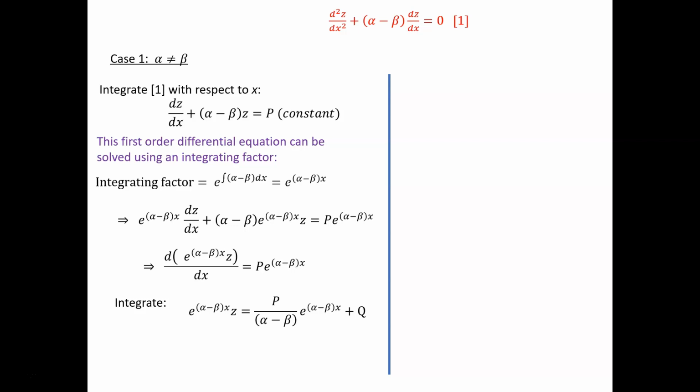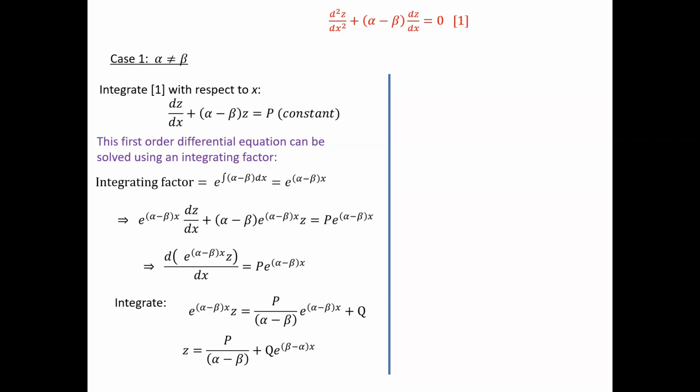We can divide this through by e^((alpha minus beta)x), which if you like is the same thing as multiplying through by e^((beta minus alpha)x). And that will give us z equals p over (alpha minus beta) plus q times e^((beta minus alpha)x).